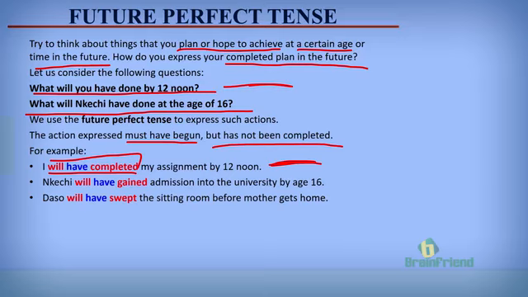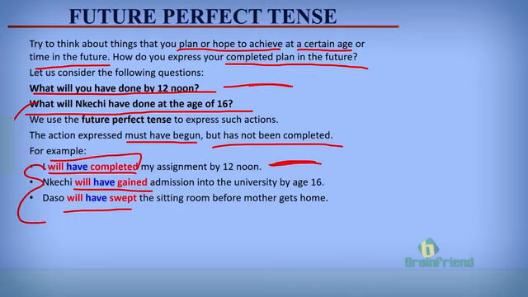The next question is, what will Nkechi have done at the age of 16? And the answer is, Nkechi will have gained admission into the university by age 16. Then we have another sentence here, Daso will have swept the sitting room before mother gets home. So these sentences we have on the board are actions that are expressed in the future perfect tense.